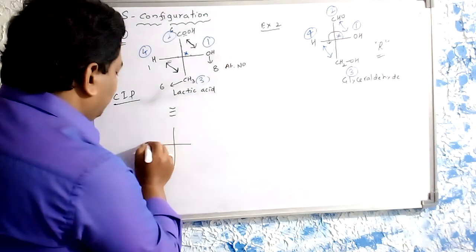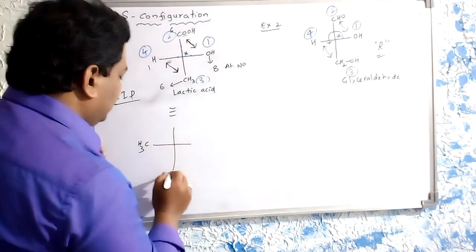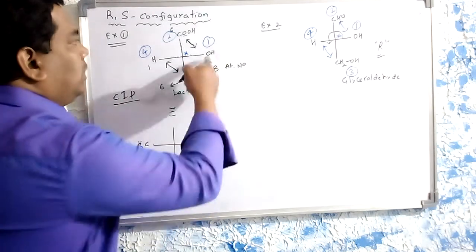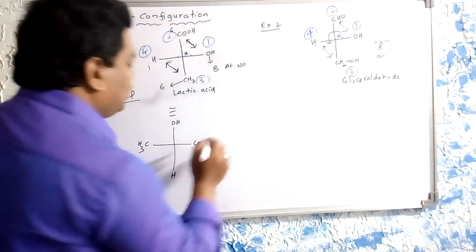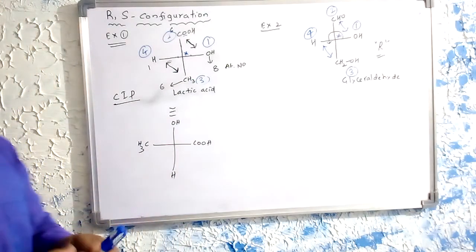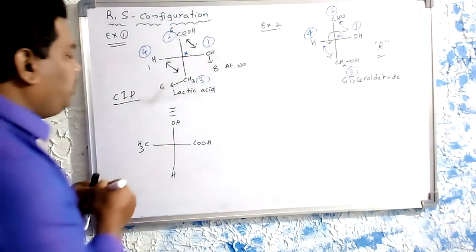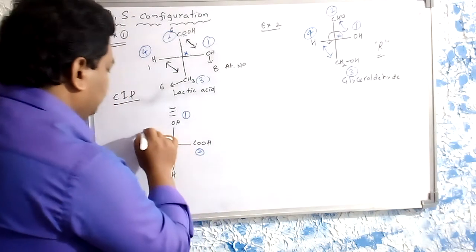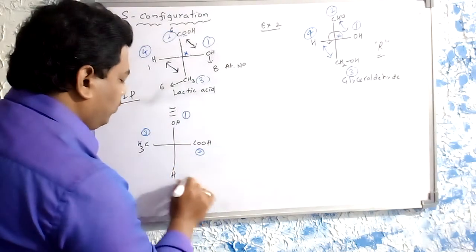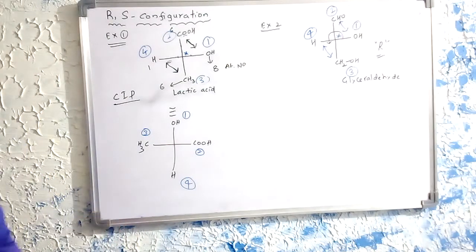Here the position of CH3 is here, so this is the position of OH and the position of COOH. After the interchanging, give the priorities the same as you mentioned above. So 3, 4. Here we have one direct method.